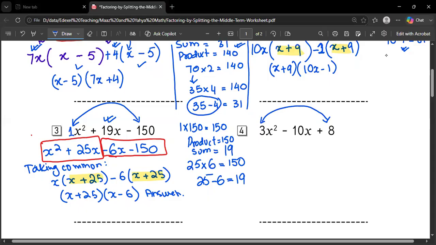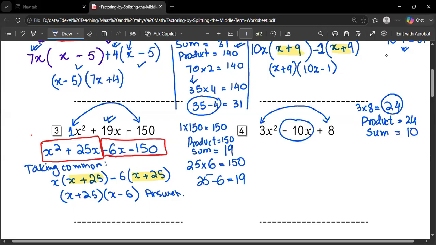What is the first step? You have to multiply the coefficient of x square and this constant number. Okay. So what number will you get? 3 times 8. You will get 24. Now think about the two numbers. When we take a product of those numbers, we get 24. And when we take a sum of those two numbers, we get this middle term, which is minus 10.